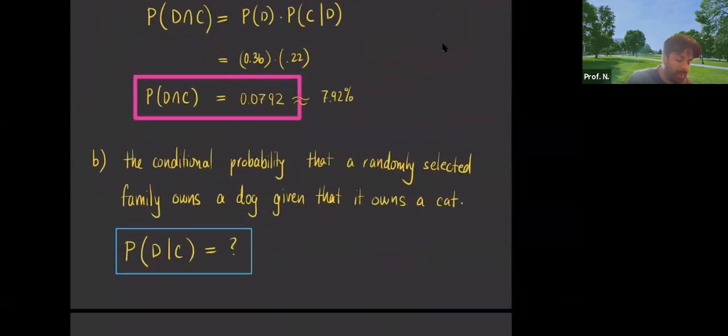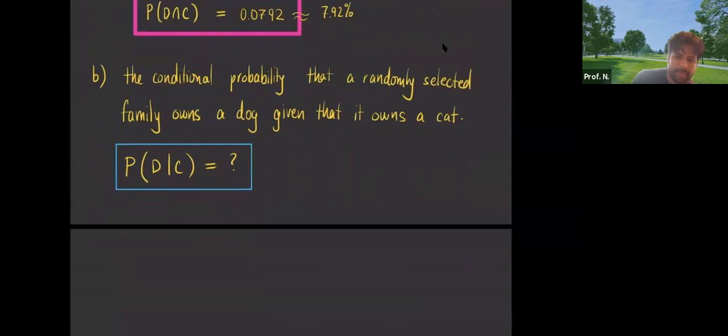Don't I have enough information to figure that out? Yes, okay. So then how would I find it? What formula would I use, or how would I utilize the formula to find a probability that D given C?